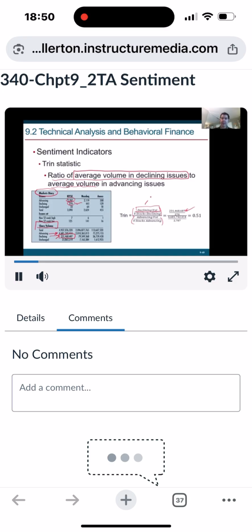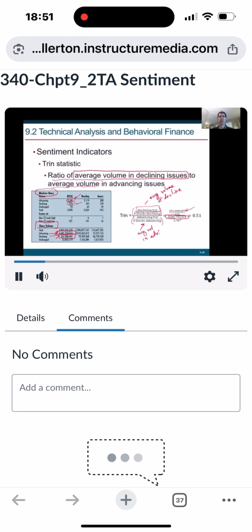This gives me basically the average volume per stock, the average volume of the declining stocks. And then what do I divide that by? I divide it by the same thing, but for the advancing stocks, the stocks that were going up. I take the total volume in the stocks that were advancing, and I divide it by the number of stocks that were advancing. So this down here is the average volume in advancing stocks.